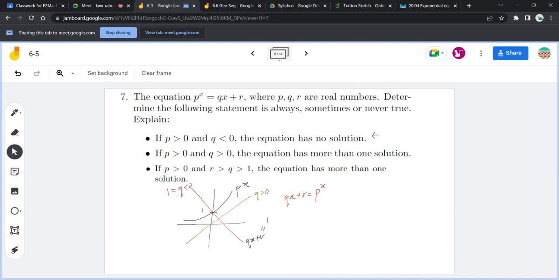If we choose this situation, it means that the equation has a solution, because the intersection of these two graphs means that we have a solution for this equation.